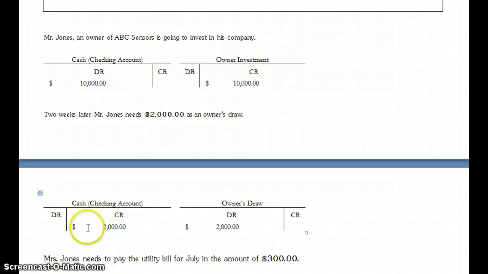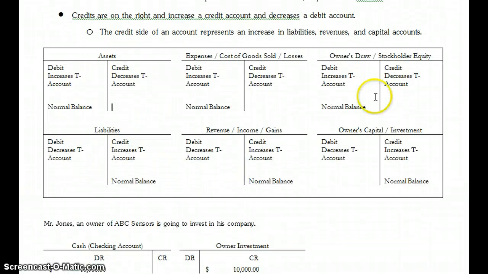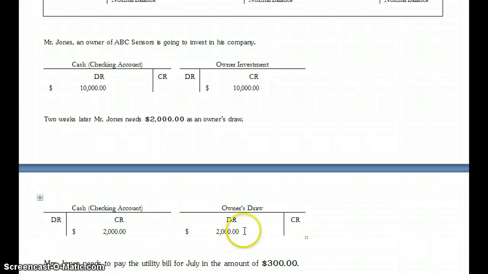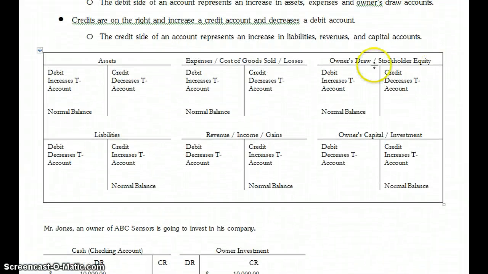So we're going to credit the checking account by $2,000 because that is going to decrease the T account. And for the owner's draw part down here, we're going to debit his account by $2,000 because we're increasing that account.